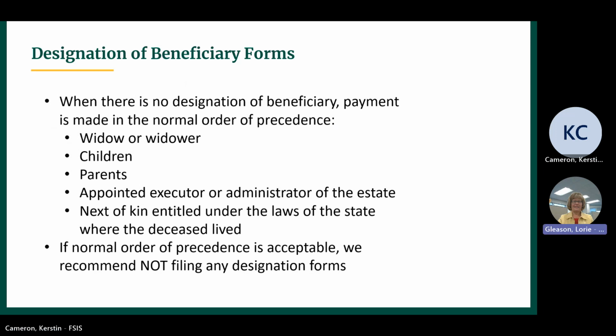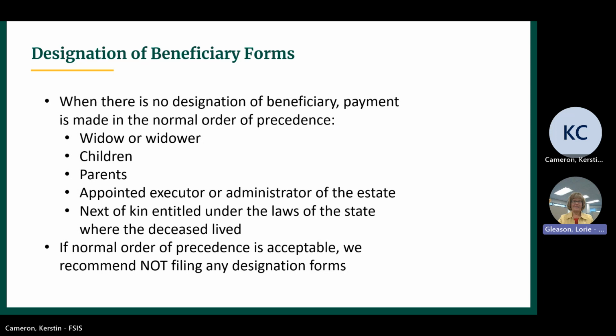The moral of the story is you can avoid the situation created by Jack. If you wish to follow the normal order of precedence listed on the Designation of Beneficiary instructional form, then there is no need to file any additional documentation.